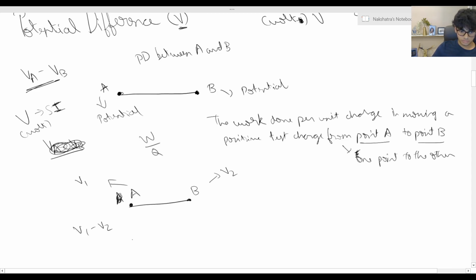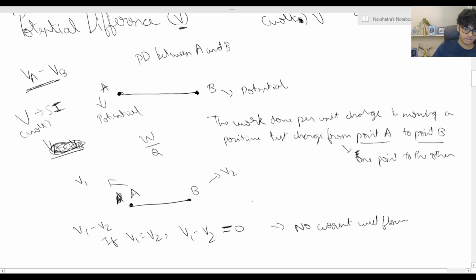But if V1 is equal to V2, then V1 minus V2 is equal to 0. There is no potential difference between these 2 points, so no current will flow. Remember, current will only flow if there is a potential difference across the 2 points. If 2 points have potential difference, current will flow. If they don't have a potential difference, current will not flow.